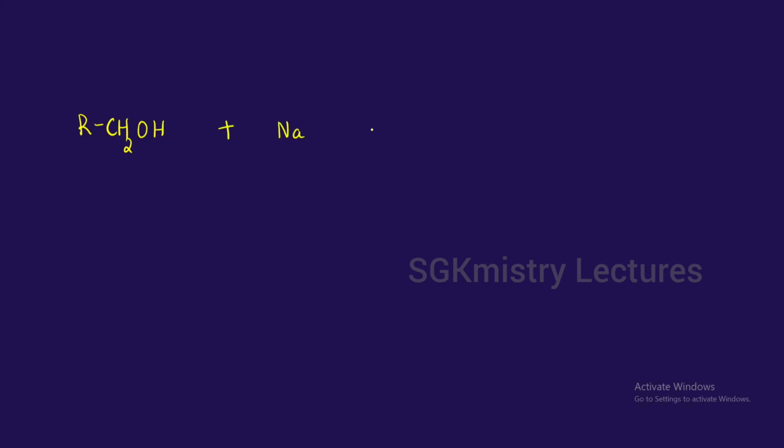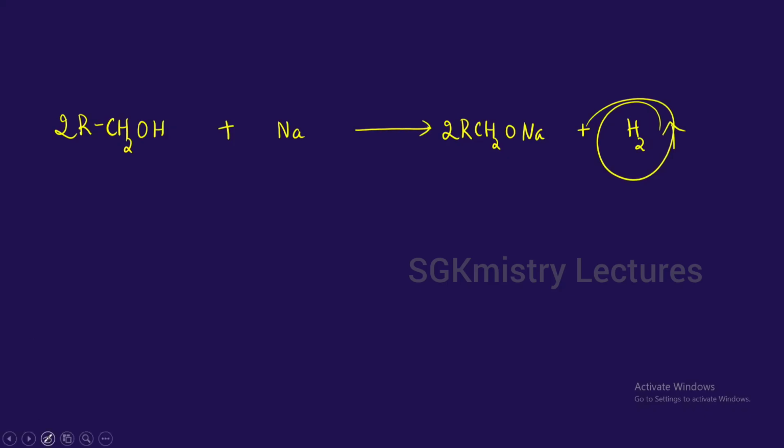To this, when sodium is added, you get RCH2ONa, and hydrogen gas is liberated. Let us balance the equation here, 2 and 2. Since hydrogen gas is liberated during the reaction, we can see the bubbles that are formed, which is nothing but the brisk effervescence that is observed. This is the first test for the detection of alcohols.